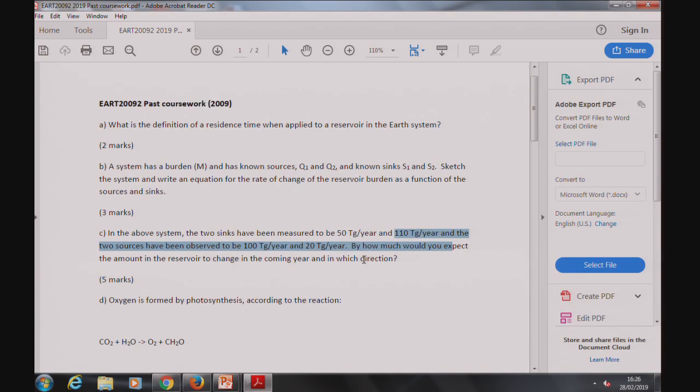What do we think? So Q1, what's that, 50, we'll call that 50 teragrams per year. Q2, 110.